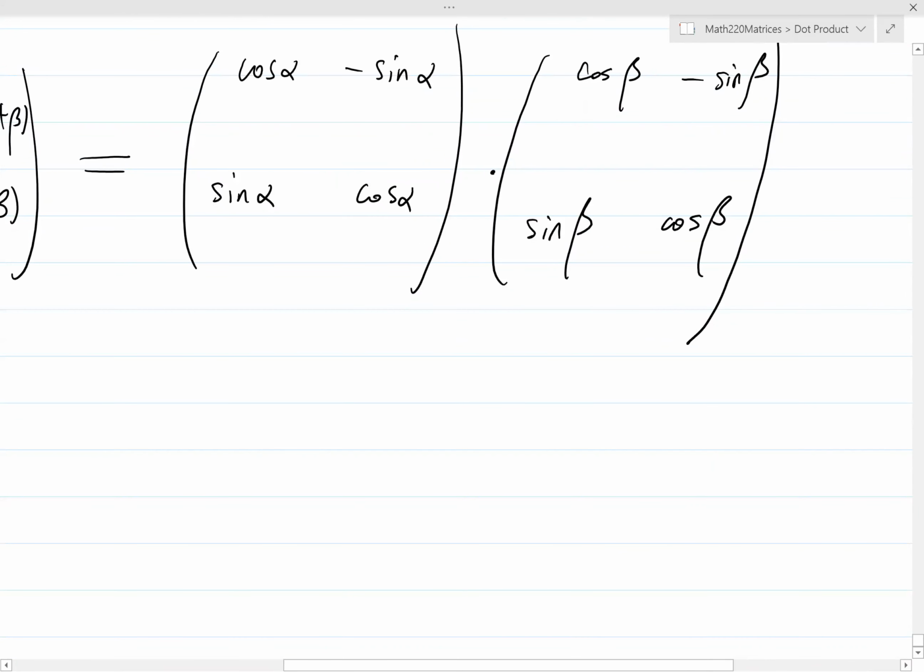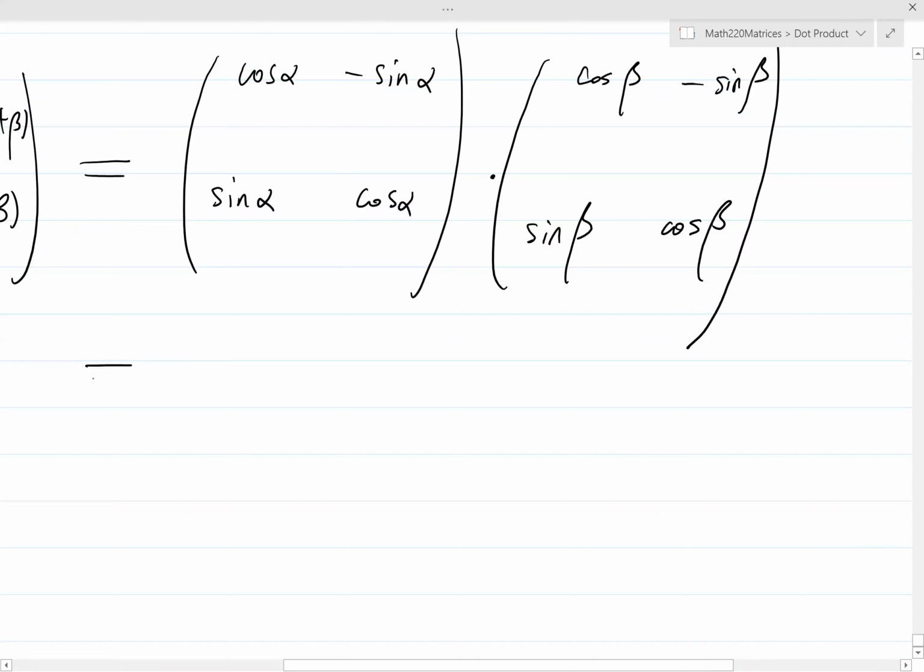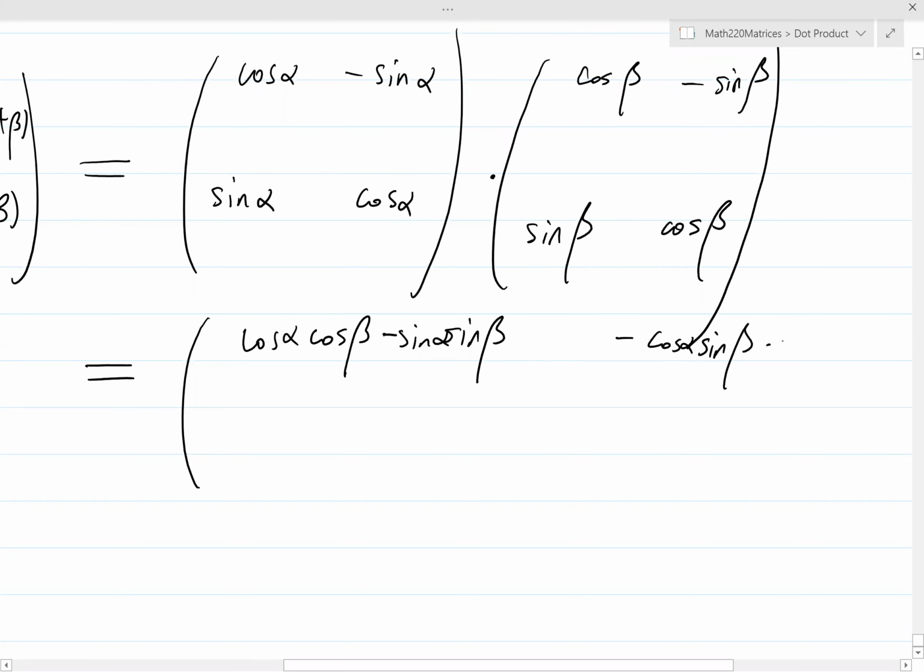The right side, by the rule we obtained last time, is cosine alpha cosine beta minus sine alpha sine beta. And on this side we get negative cosine alpha sine beta, negative sine alpha times cosine beta. Then this side you get sine alpha cosine beta plus cosine alpha sine beta.